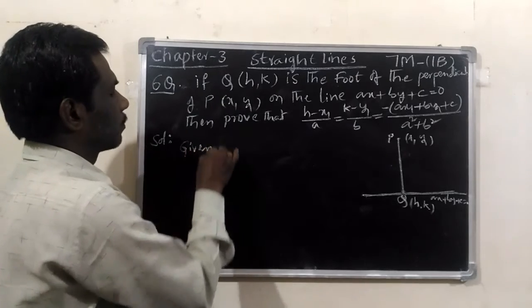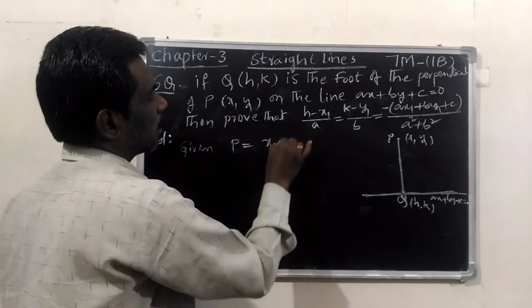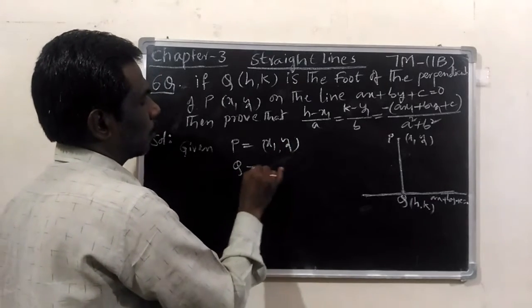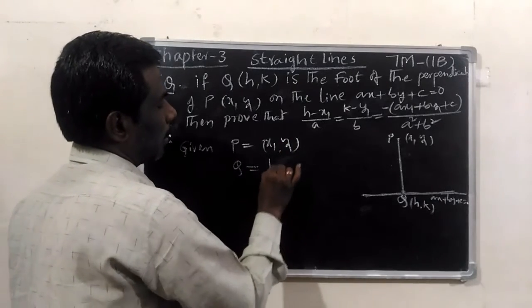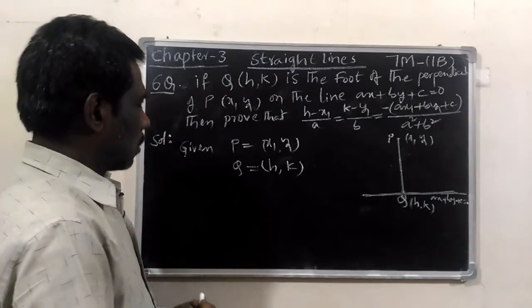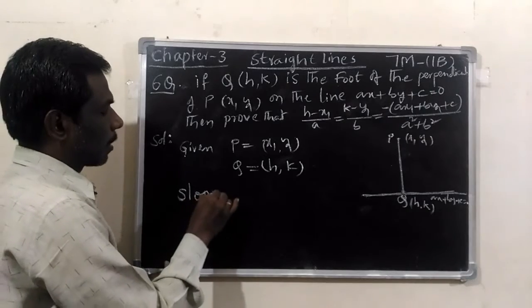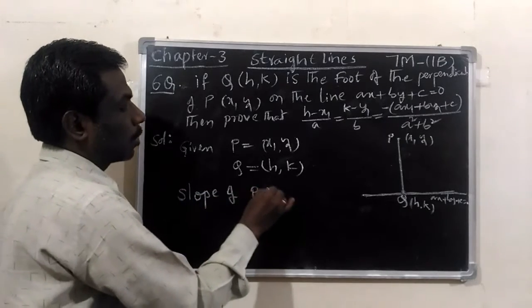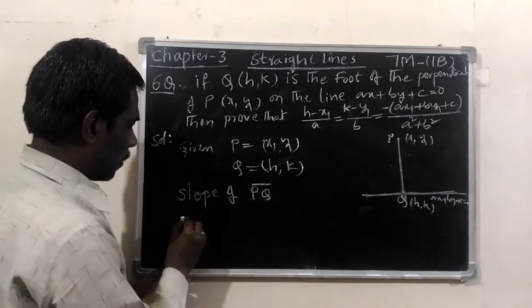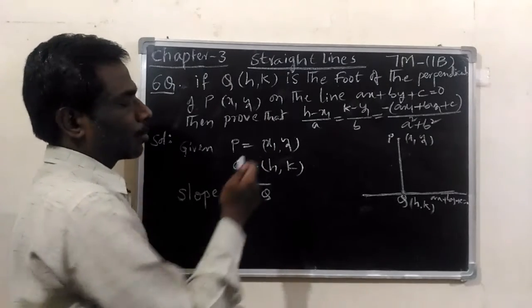Given P = (x1, y1) and Q = (h, k). Now we want to find the slope of PQ, where P is (x1, y1) and Q is (x2, y2).